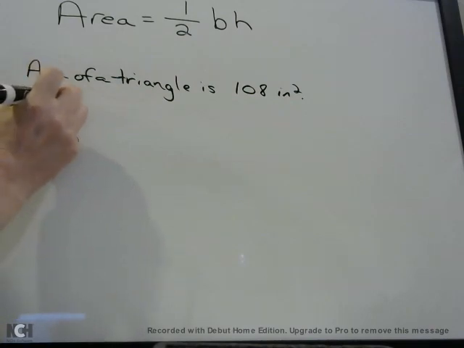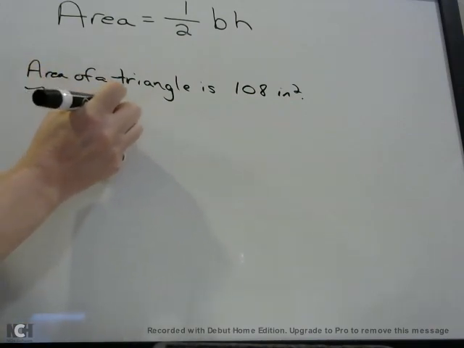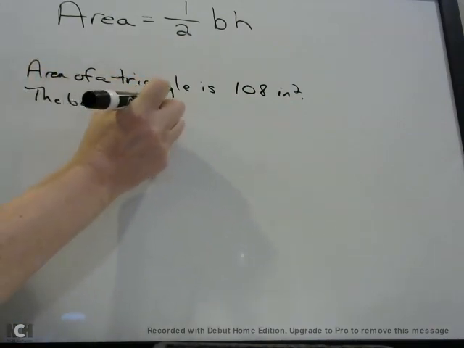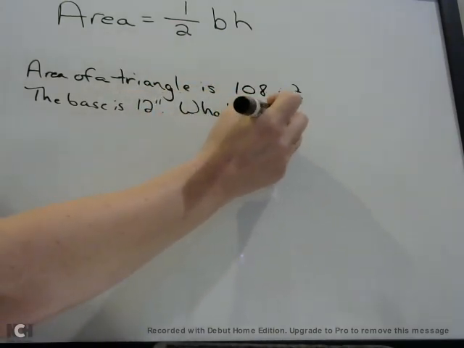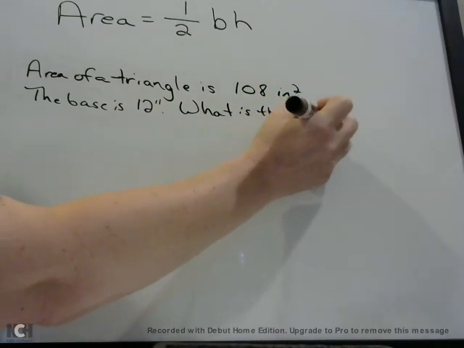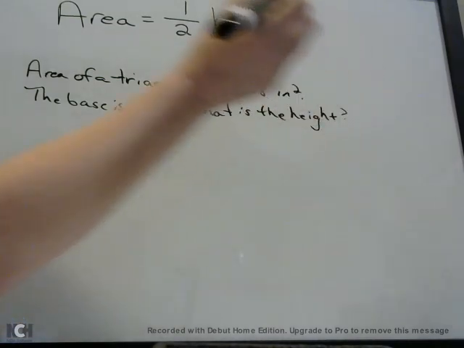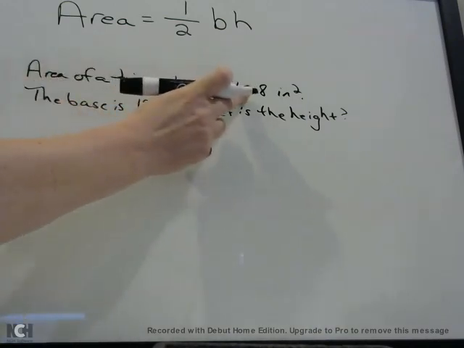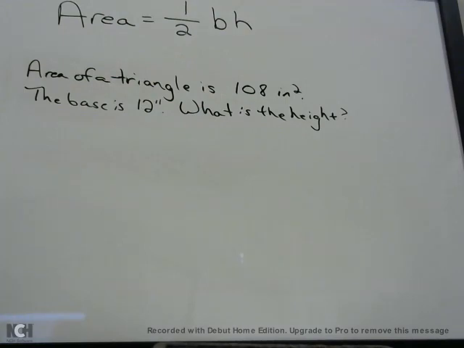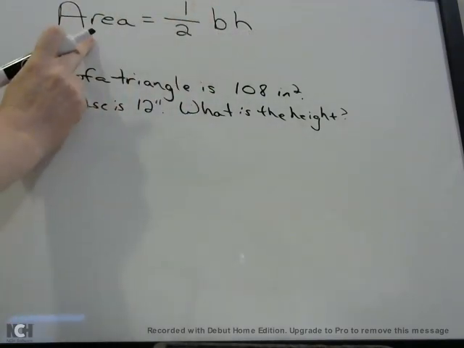And they say the base is 12 inches. The question is, what is the height? So here we have a little bit of a word problem, and we need to use some algebra. So if you don't know how to do algebra, watch the algebra videos. But all we do is just plug what we know into the formula and solve for what we don't know. So again, use the formula here, area.